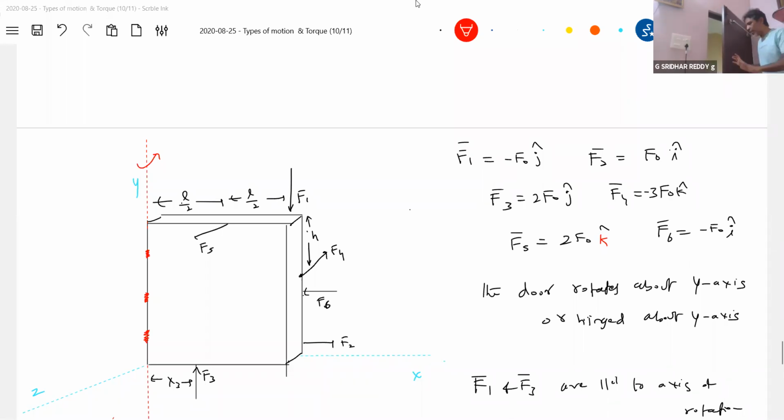Are you able to see the position of the door? Now I'm applying a force here. So what is axis? This is the axis. I'm speaking loudly, so try to understand. This is the axis of rotation.